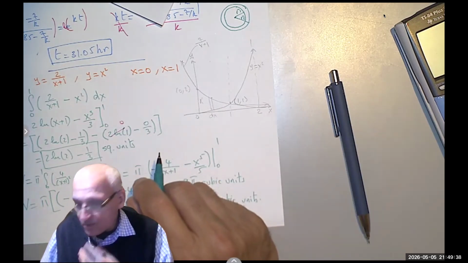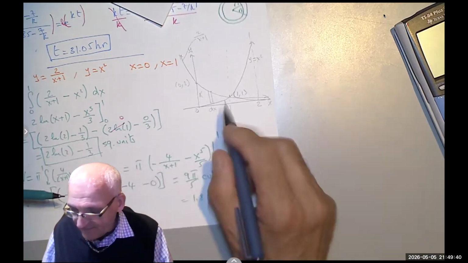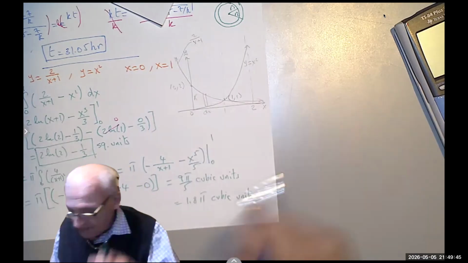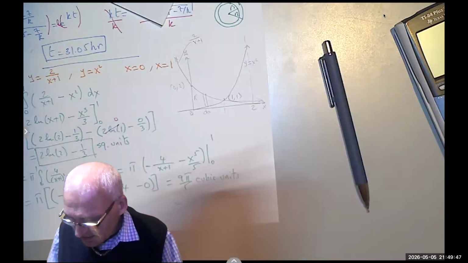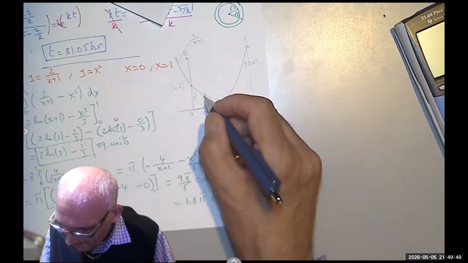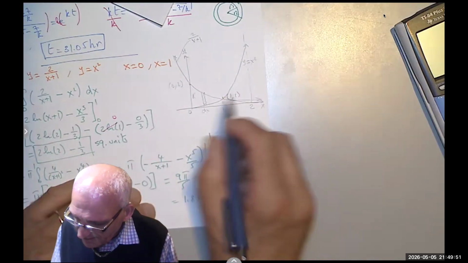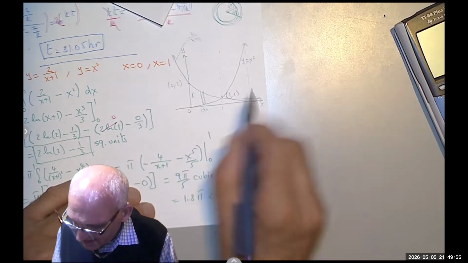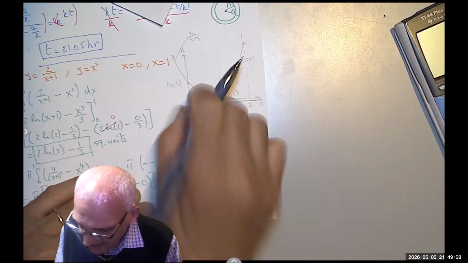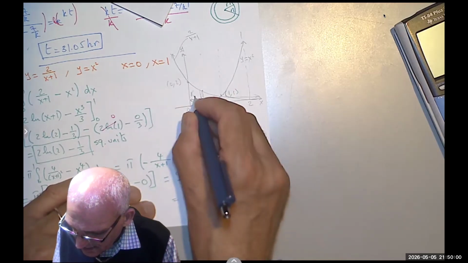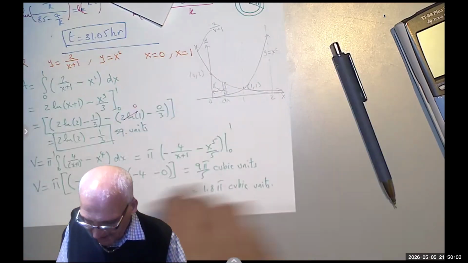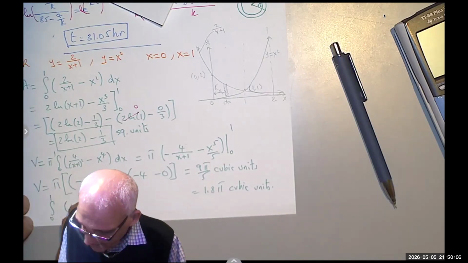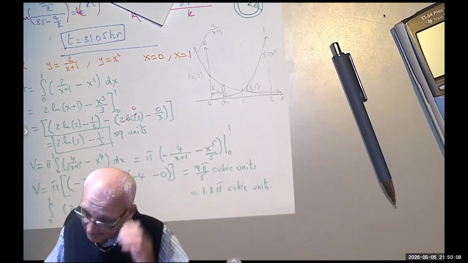So now I will have a cylinder, right? If this rotates, let's see what we have. First of all, this distance is not x, it's 2 minus x, right? Because this is x. So I will have the integral from 0 to 1, and I will have 2 minus x.